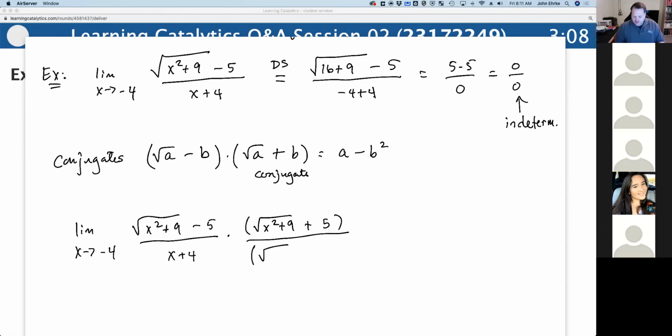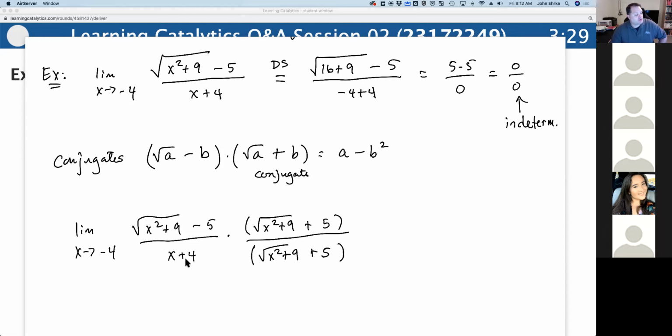So that's its conjugate. All I've done here algebraically is multiply by the same thing on top as bottom. So I've multiplied by 1. I haven't changed the limit at all. But now algebraically, I should be able to simplify what remains.